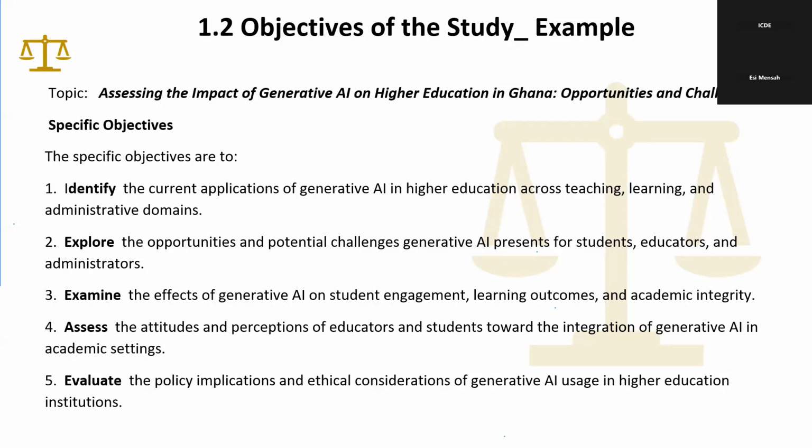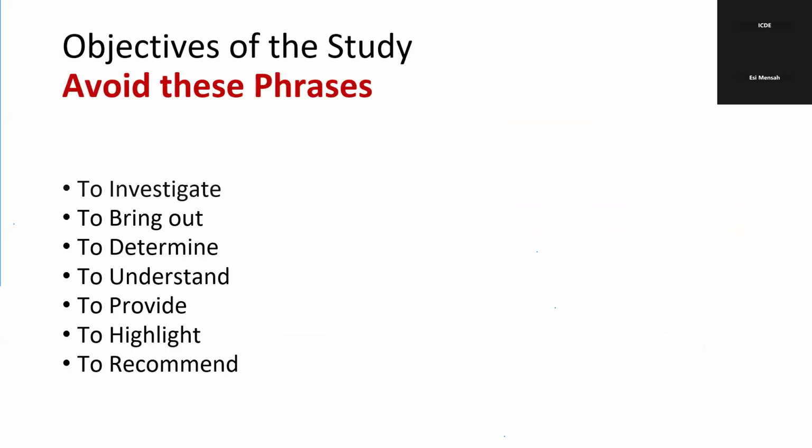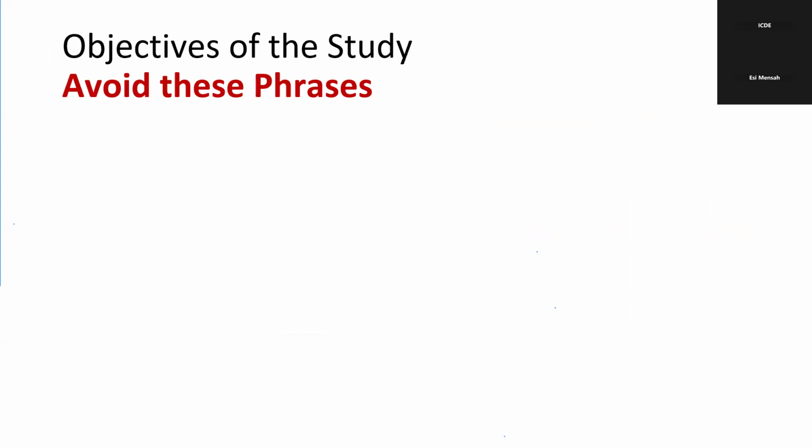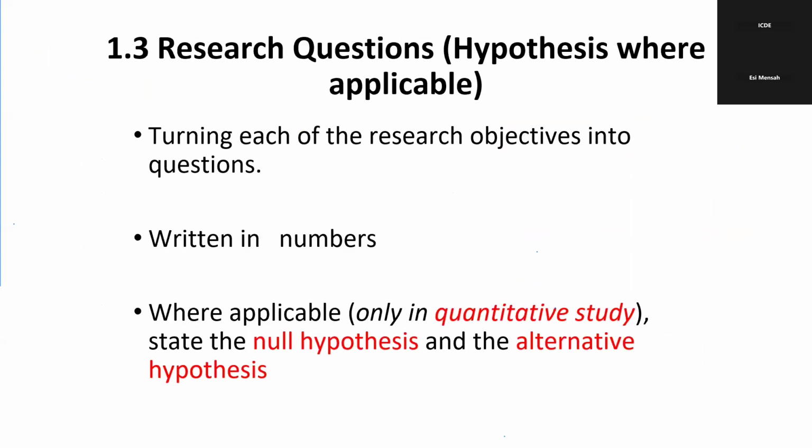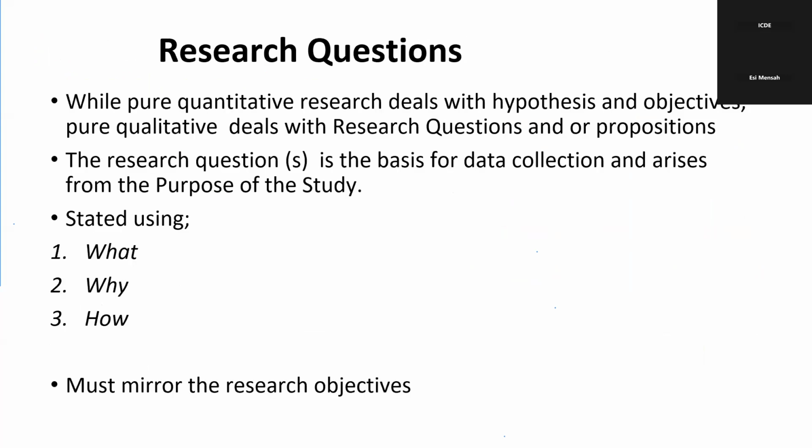That means that you cannot have, for example, 3 specific objectives and 2 research questions. You must have the same 3 each. And you are just transforming the specific objective into a question form using the words what, how, and why. Do we get the distinguishing features between quantitative studies and qualitative studies in terms of research questions and hypotheses?